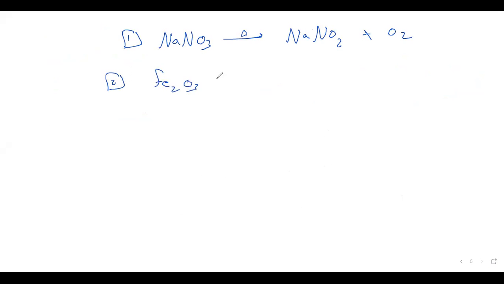So how do we balance the chemical equations? Number one, NaNO3 by the effect of heat forms NaNO2 plus O2. Number 2, Fe2O3 plus CO gives Fe plus CO2.